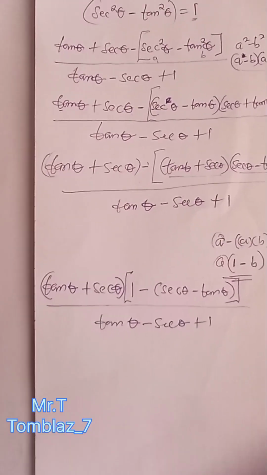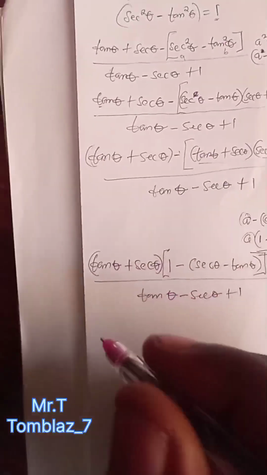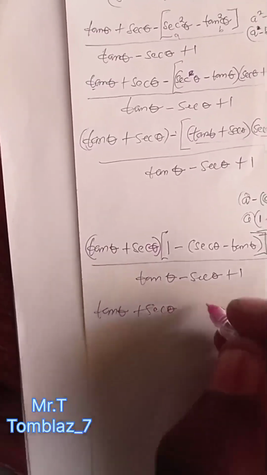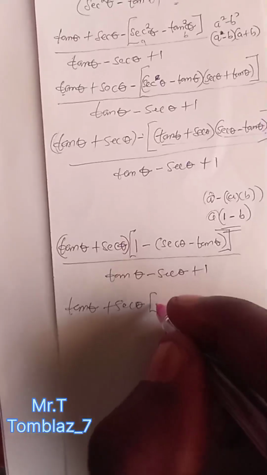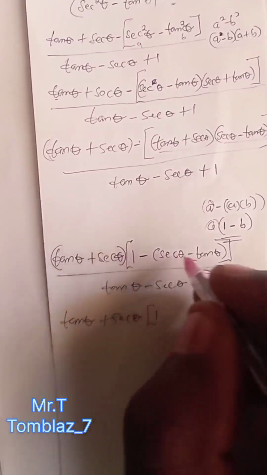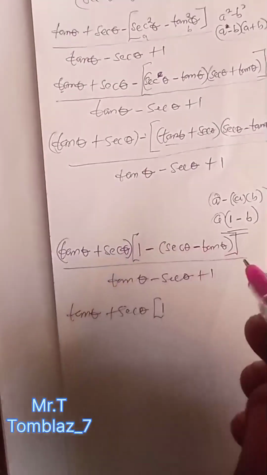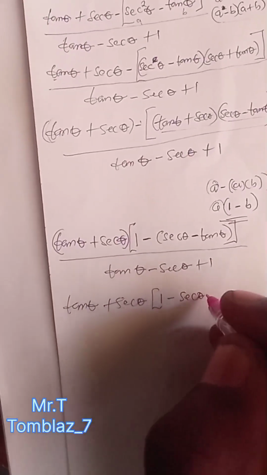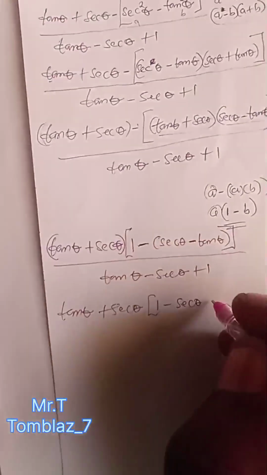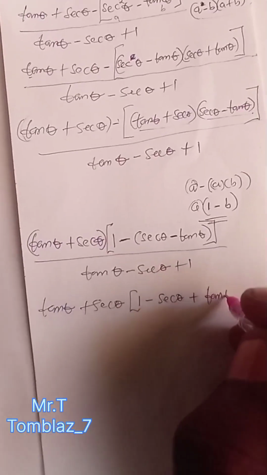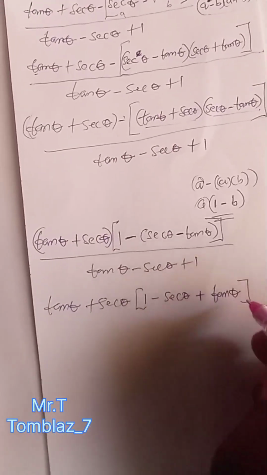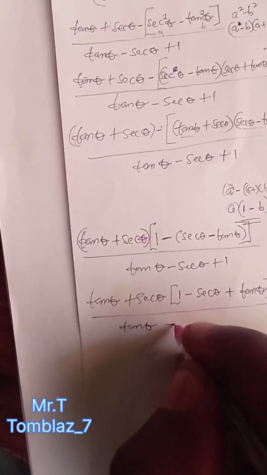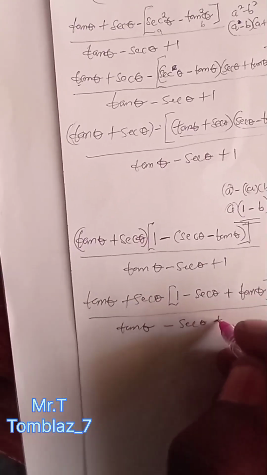If that is gotten, then let's expand this bracket. Here we're going to have tan theta plus sec theta into 1, minus times minus sec theta minus tan theta gives plus tan theta, all over tan theta minus sec theta plus 1.